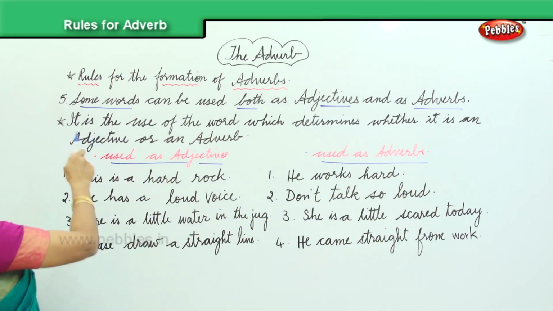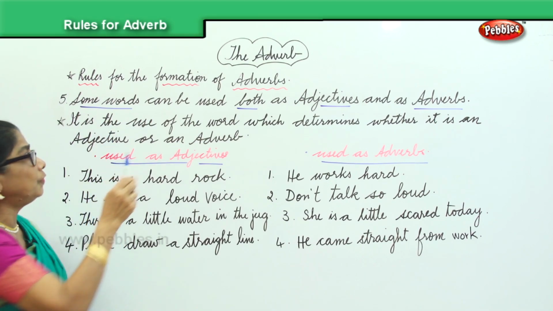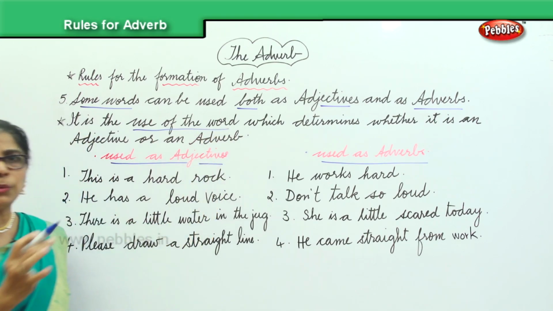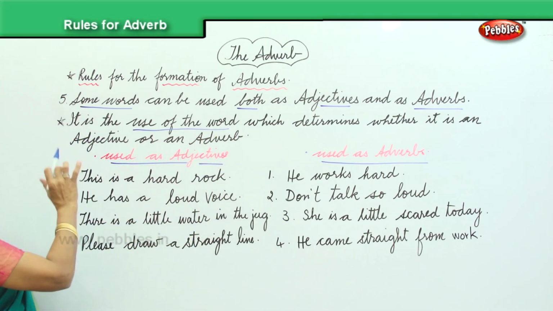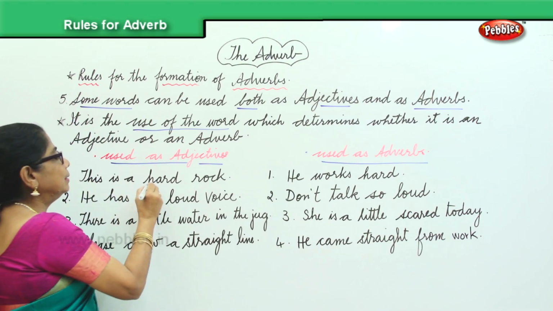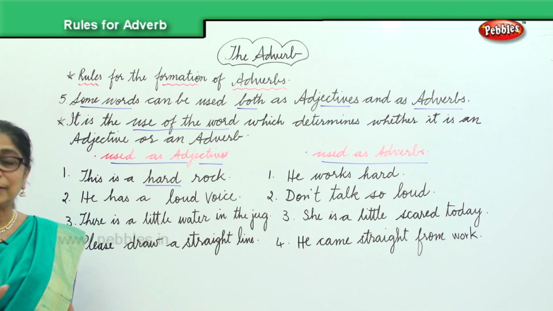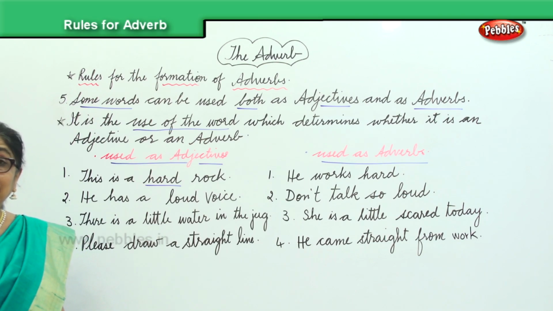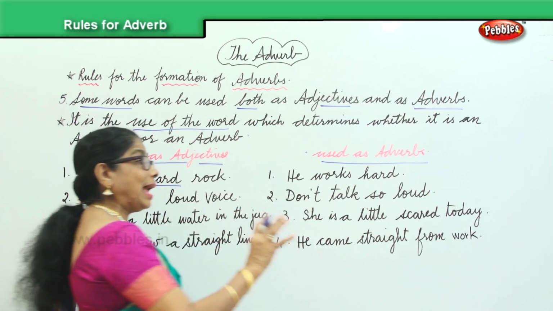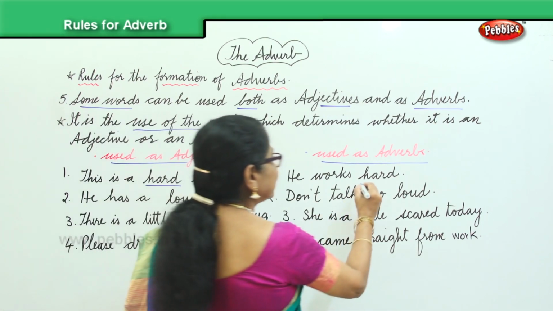What we have to remember is, it is the use of the word which determines whether it's an adjective or an adverb. Here we have, this is a hard rock. Adjective. And that word hard is used as an adverb. He works hard.